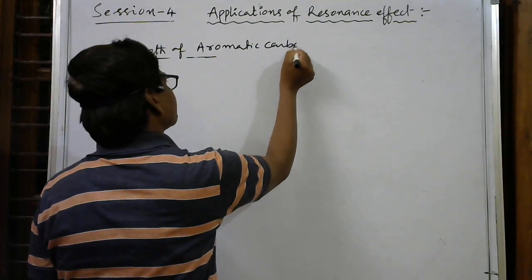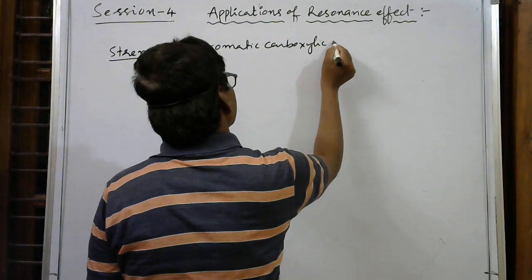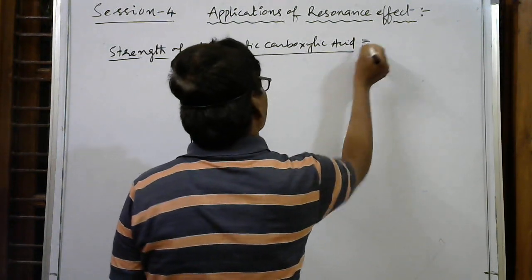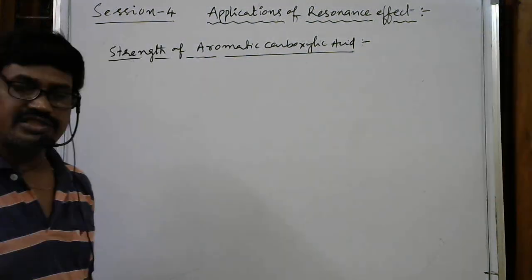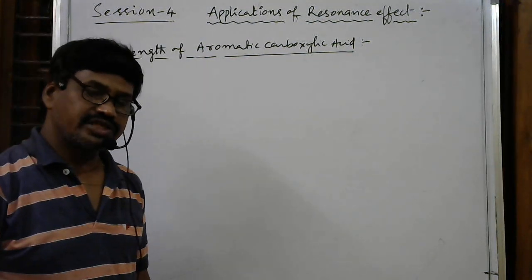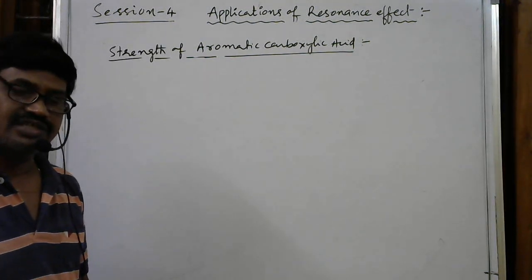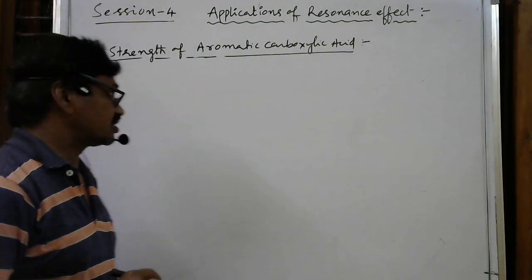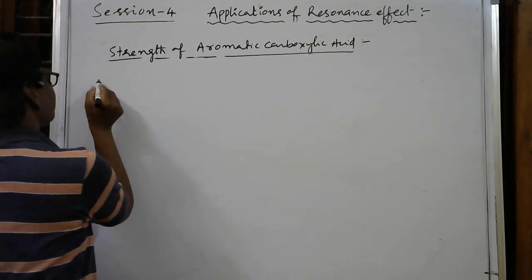Yes, there should be a conjugation system. In a normal aliphatic carboxylic acid, there is no conjugated system. There only the plus R effect or minus R effect we have to consider. About that, we discussed in the first session.